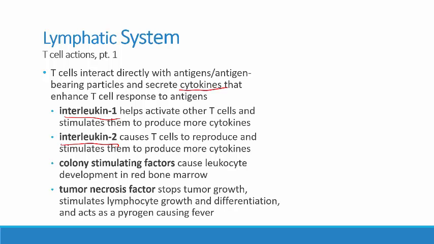Interleukin-2 will cause the T cells to reproduce, so that we get more T cells that are activated to this antigen, and also to cause those reproducing T cells to produce cytokines as well.